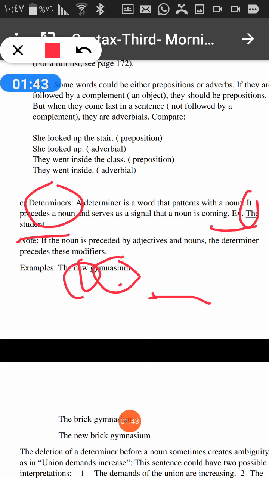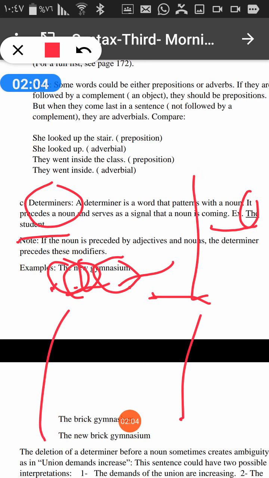So when the noun like gymnasium is preceded by an adjective, which is new, in this case the determiner the comes before the adjective, and it comes first. We have the determiner, we have the adjective, and we have gymnasium.